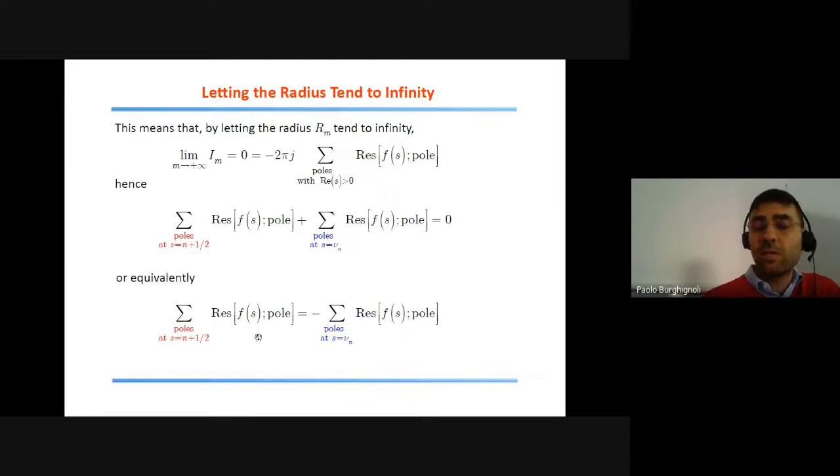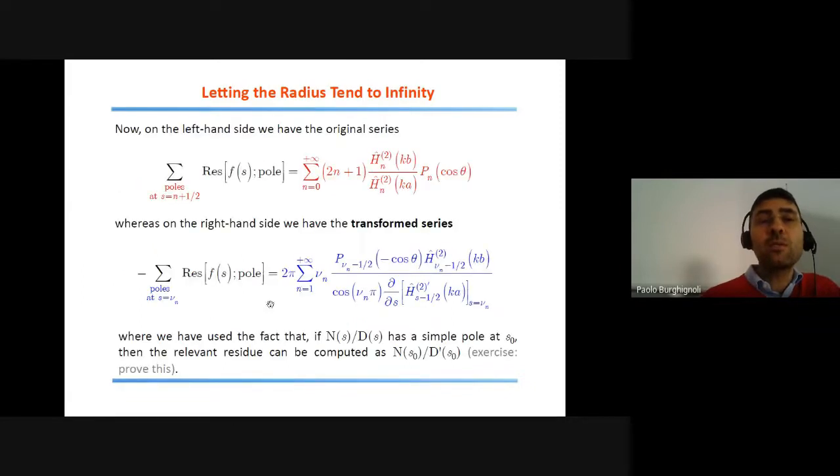And this is the trick that Watson used to replace the original series, which was given in terms of the residues at the red poles, with a modified or transformed series, which is equal to the sum of the residues at the blue poles.